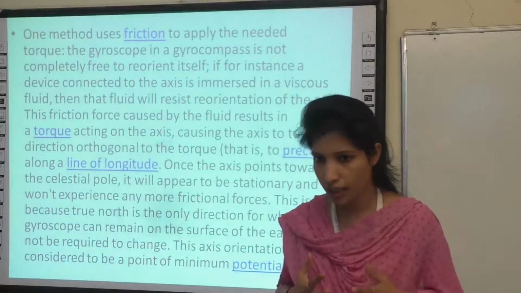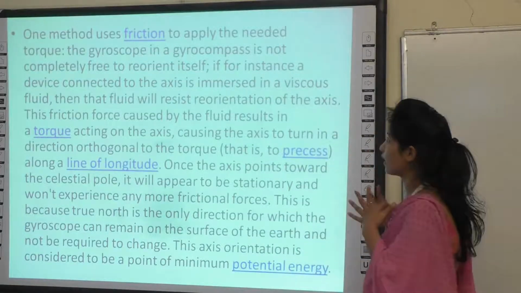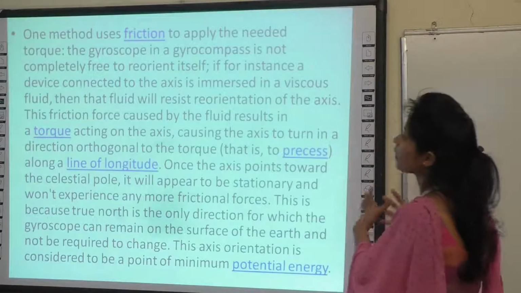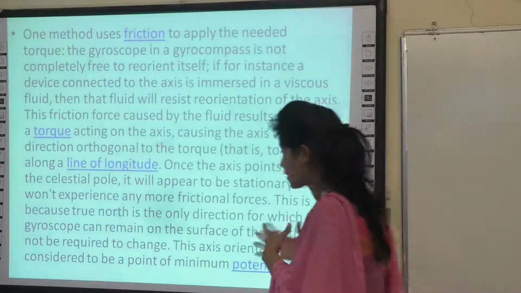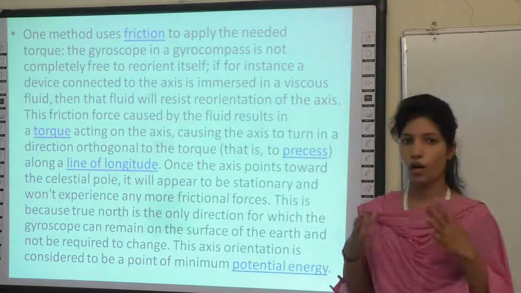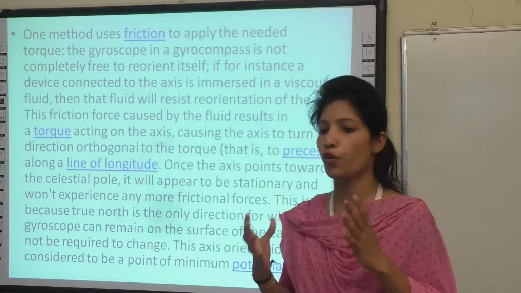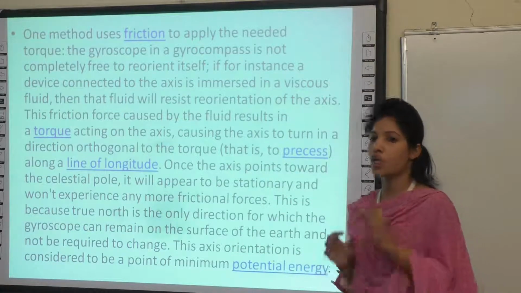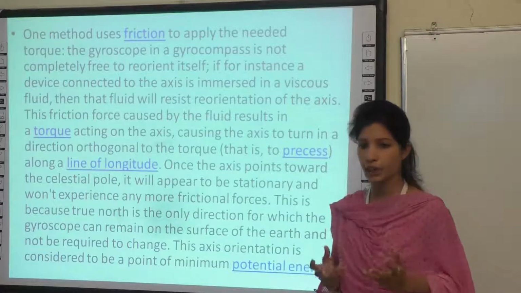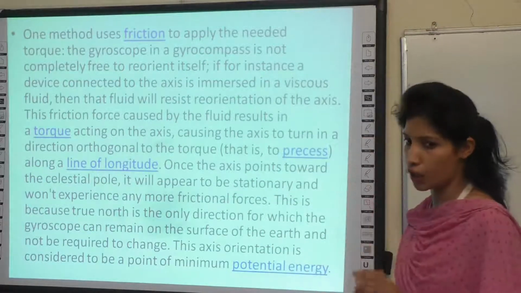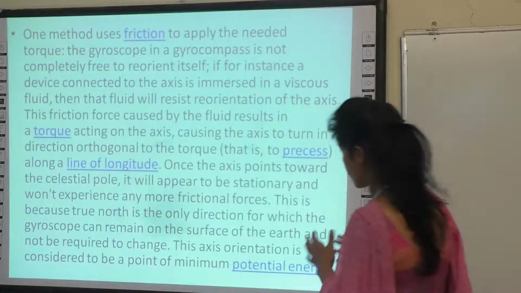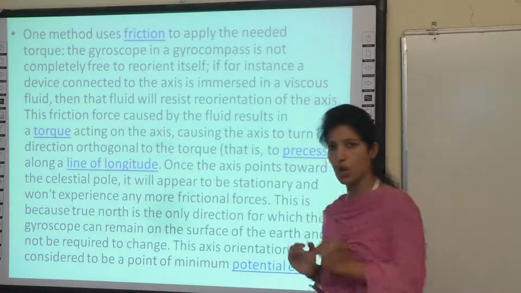That viscous fluid will resist reorientation of the axis. This friction force caused by the fluid results in a torque acting on the axis, causing the axis to turn in a direction orthogonal to the torque, along the line of longitude.